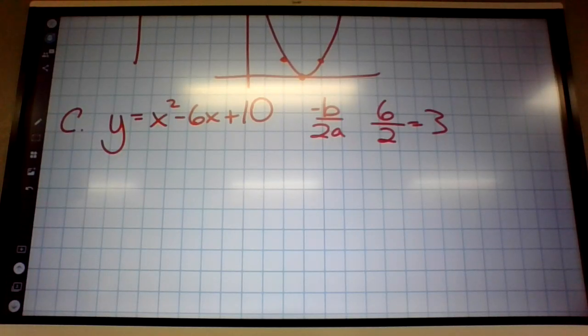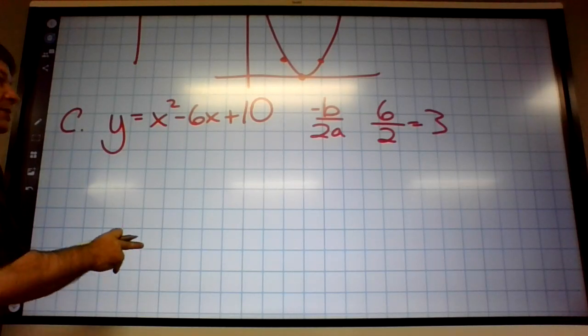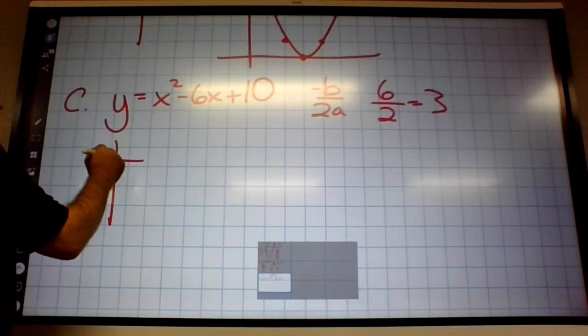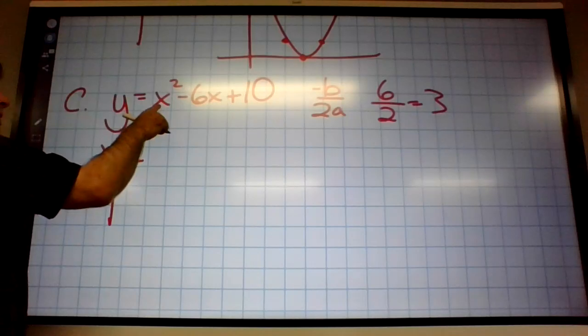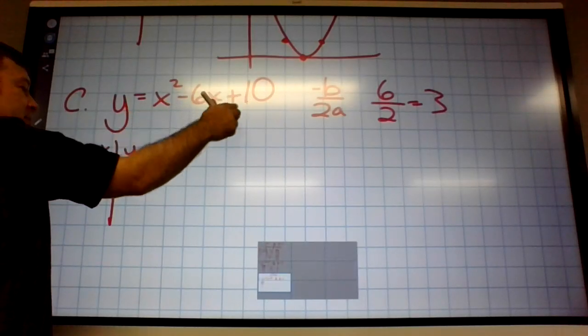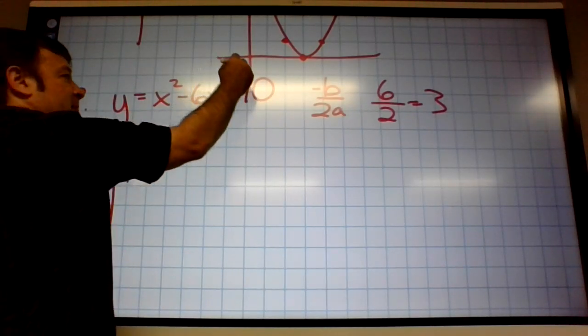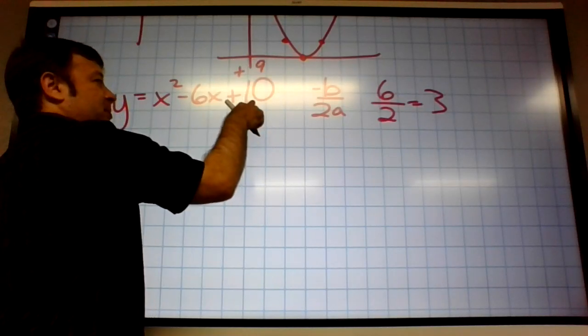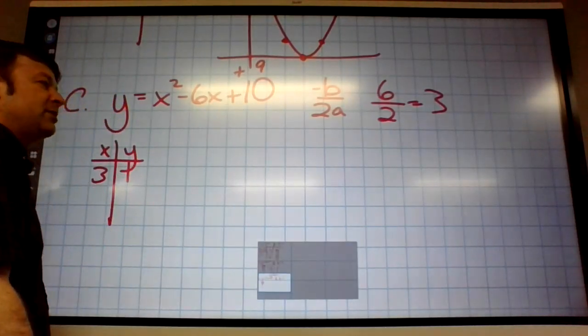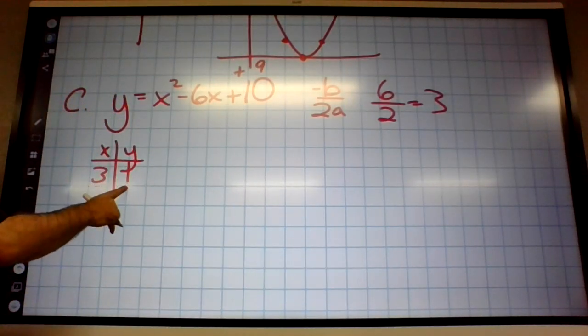They're trying to show you what happens when you add 10 on the end. So the vertex is going to be at 3 again. If I plug in 3, 9 minus 18 plus 10 is 1. It's 1 higher. Last time it was plus 9. This time it's plus 10. So they're trying to show you it moves up 1.